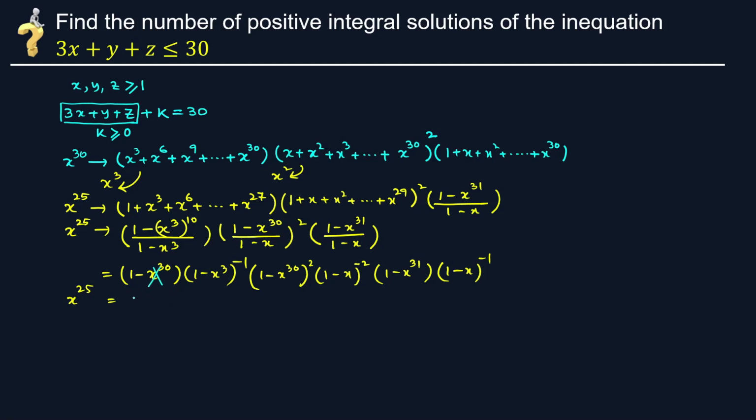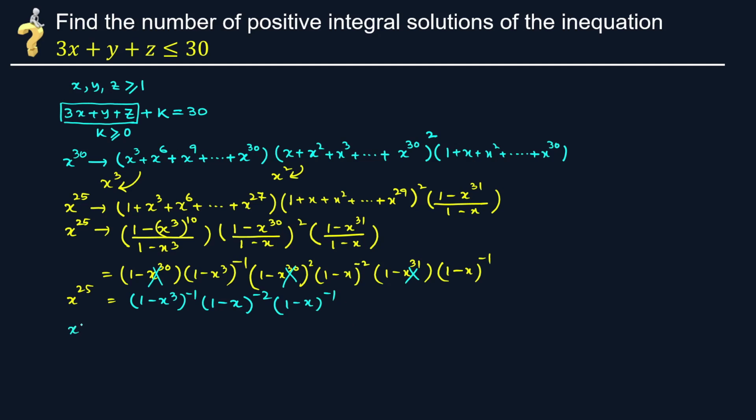So it's only 1. 1 minus x cubed to the power minus 1. Again, we don't need x to the power 30, so forget about it. Again, we are getting 1 from here. We are left with 1 minus x to the power minus 2. 31 I don't need. So again, 1 we are getting from here. And we are left with, just 1 second, this minus 2 will be outside, 1 minus x to the power minus 1, correct?